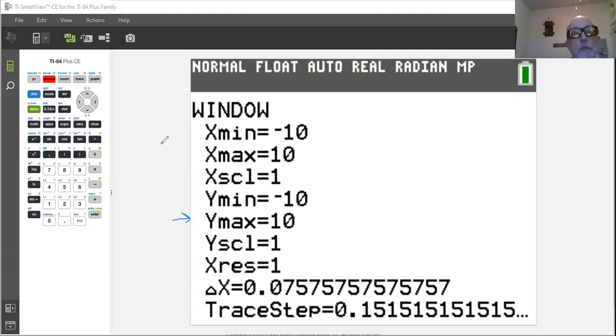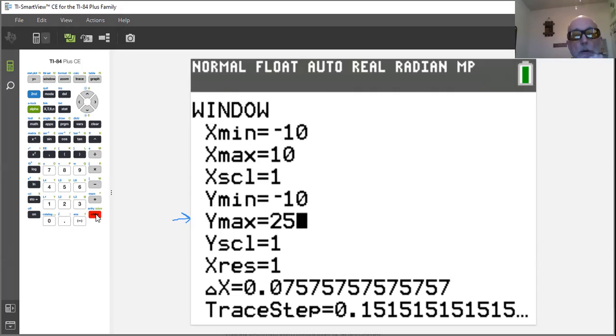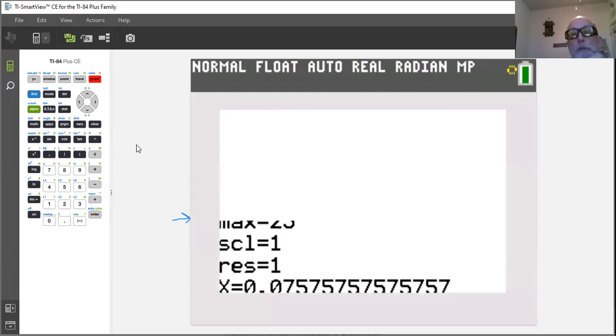So I have to make that a little bit bigger. So I am going to go down to the Y max. One more, come on, one more. And what is it, 21? I'm going to make it 25 so that we can see the parabola. Okay. And then, so we can see the dots.